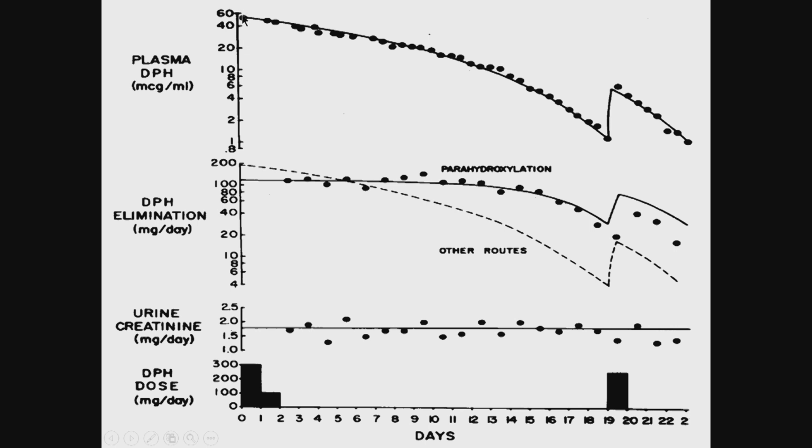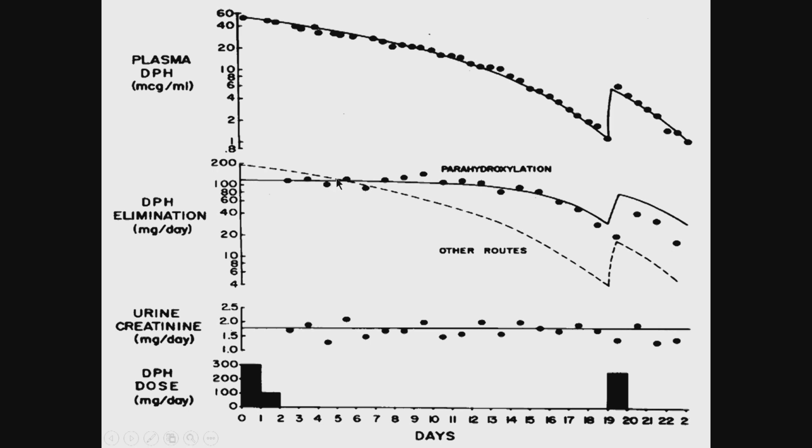We're near 60 micrograms per ml when this patient was admitted with signs of toxicity. And what they did in this very elegant study is they followed the plasma concentrations of the drug over time, and at the same time they started collecting urine to measure the appearance of this para-hydroxylated metabolite of phenytoin.